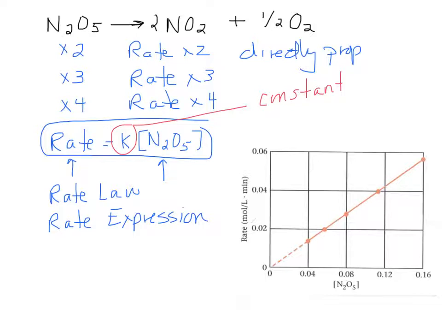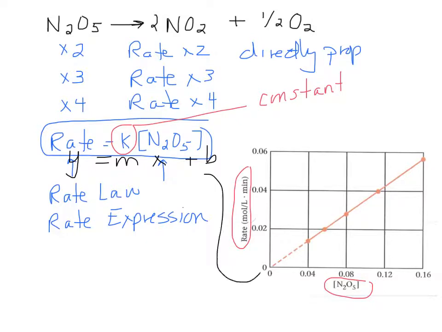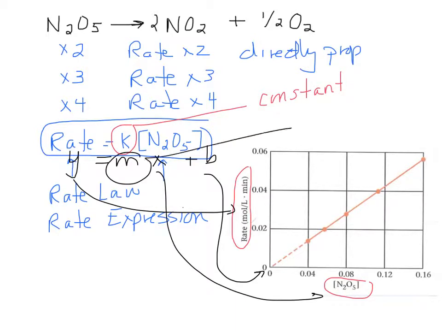So if we looked at this graph that we have right here, where we've graphed rate versus concentration, you see that we get a nice straight line. What do you think the slope of that line would be equal to? If we look at our equation up here, our rate law, this would be y equals mx plus b. So your y-intercept is 0. Your y is that, your x is that, so the slope of this line would give you the value for k, and that's how you would find k.